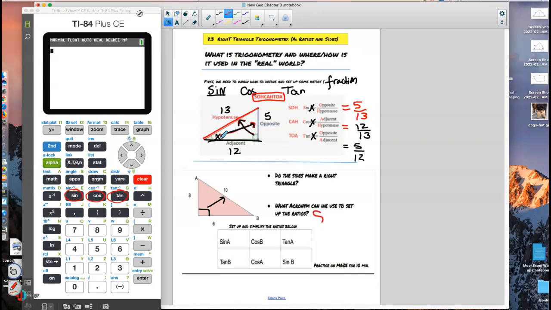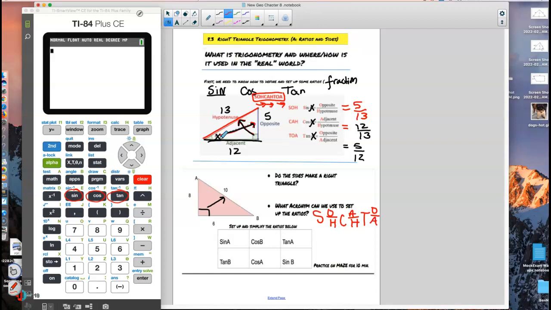I like to write it like this so I know that for the sine ratio, I need to do opposite the angle over the hypotenuse. Cosine, I need to do adjacent to the angle over the hypotenuse. And tangent, I need to do opposite the angle over adjacent.